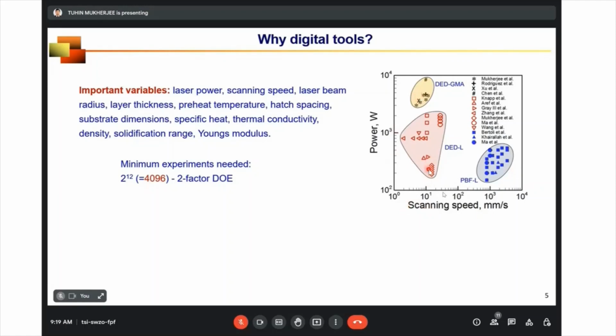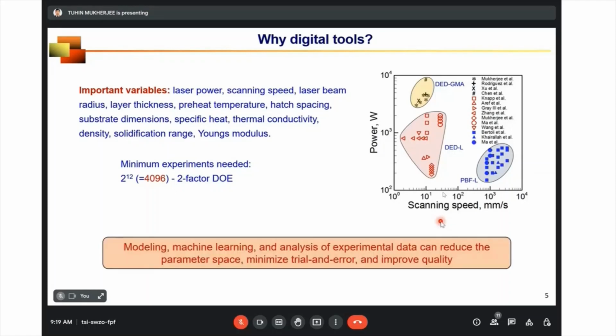The laser power for directed energy deposition gas metal arc is almost two orders of magnitude higher than powder bed fusion. So we need to explore a very wide process parameter window, and with a machine that costs around $1 million and very expensive powder feedstock, we do not have the luxury of so much trial and error.